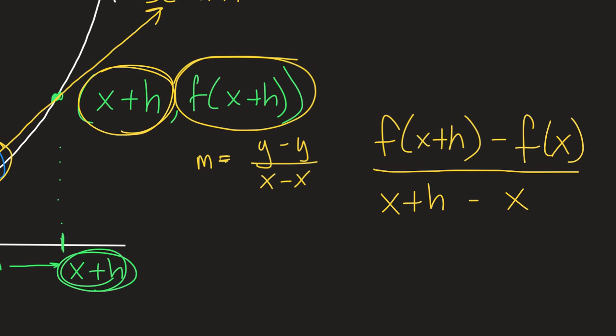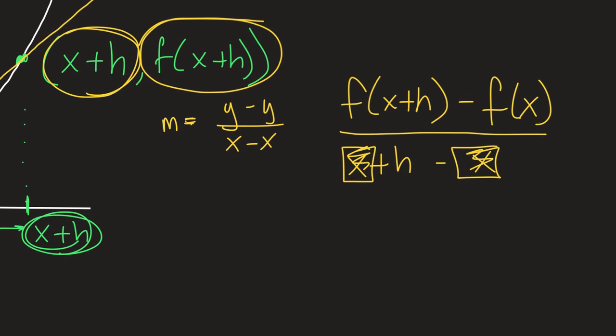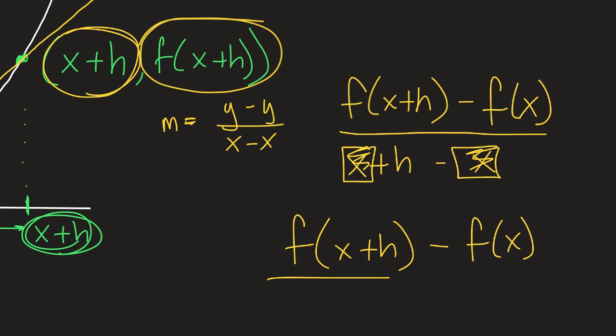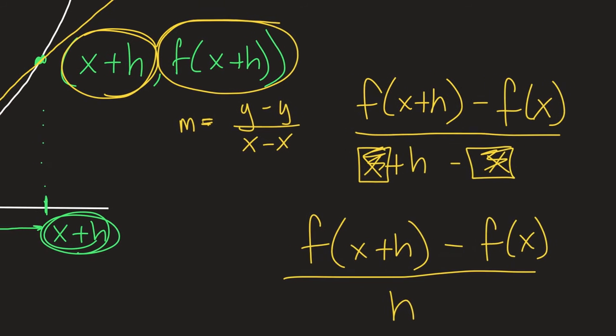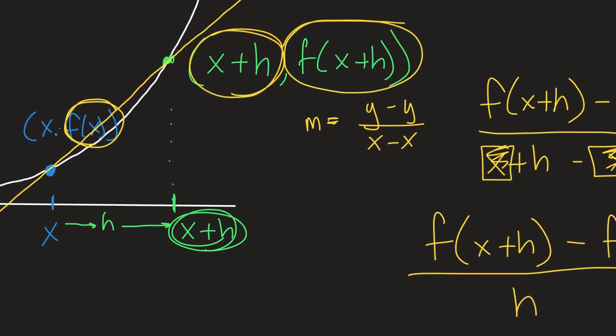Okay, so this looks pretty good. I can do one part of simplification and subtract in my denominator. X plus h minus x is just h. So then I am left with this for my slope: f of x plus h, that y value, minus the original y value, over just h. Okay, so that will tell us the slope of this yellow secant line.